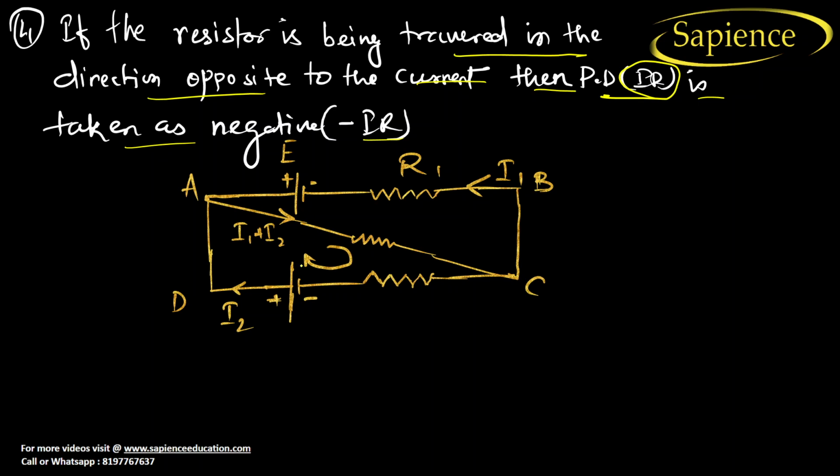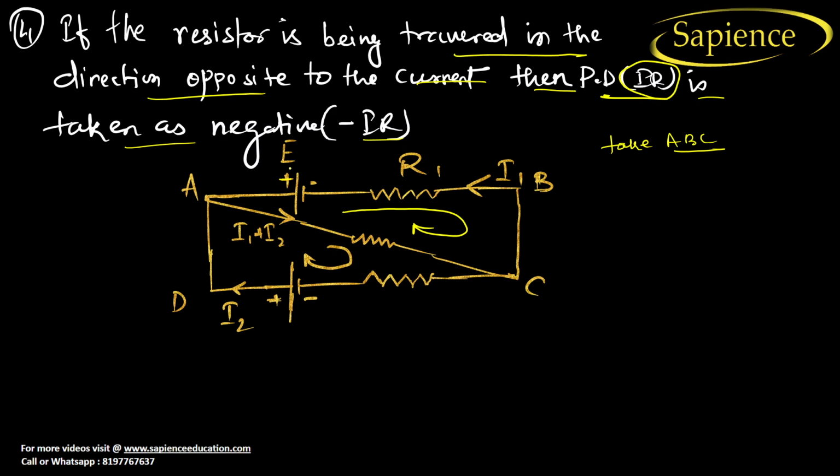If you use this diagram, we will calculate this. So take an example of A, B, C. If you travel in this direction, what will happen? The first drop is what?